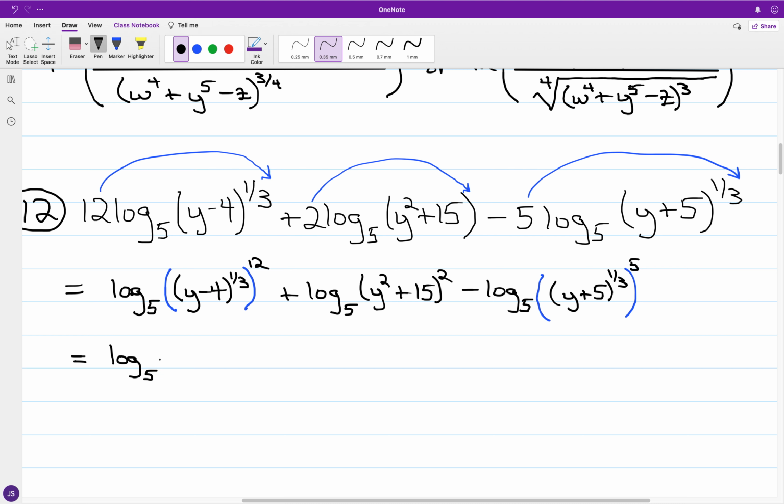So you've got a base 5 logarithm for y minus 4 to the 1/3 to the 12th. Again, if I have a base to a power, I'm going to multiply the powers together. And 1/3 of 12 is 12/3, and 12/3 is reducible to 4. So I have the base 5 logarithm of y minus 4 to the 4th.